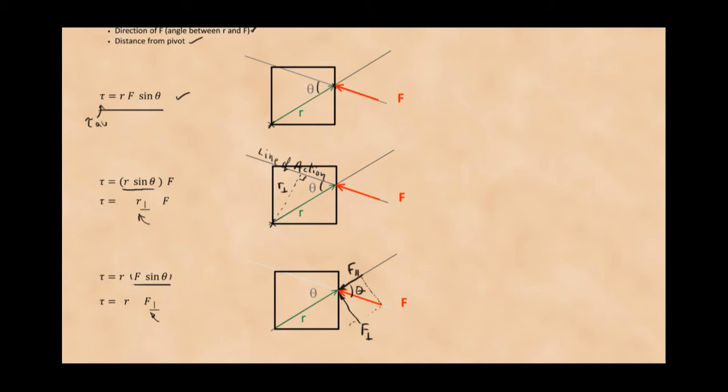And you can see that F parallel is adjacent to the angle theta, F perpendicular is opposite, and so I can say the torque created by the force F about the lower left-hand corner is equal to the perpendicular force times r. And what I mean by that is the force perpendicular to r.